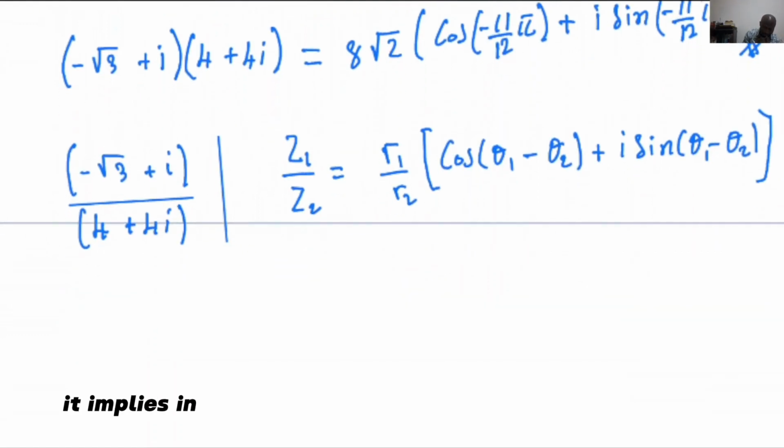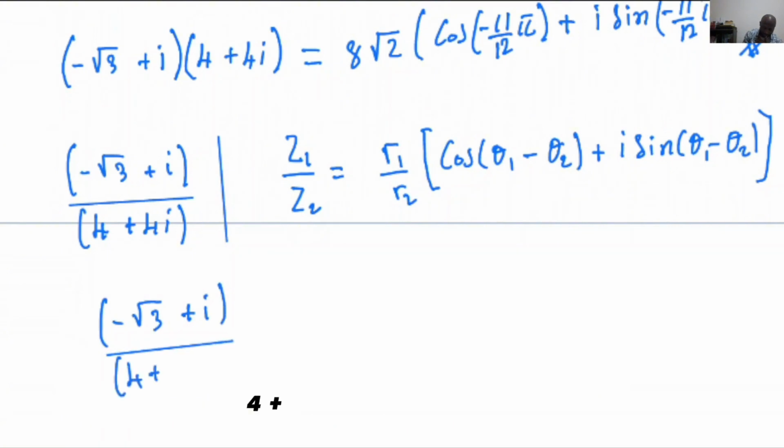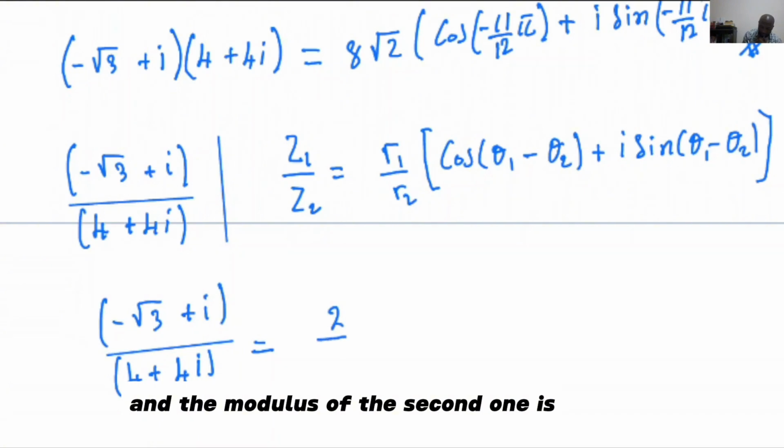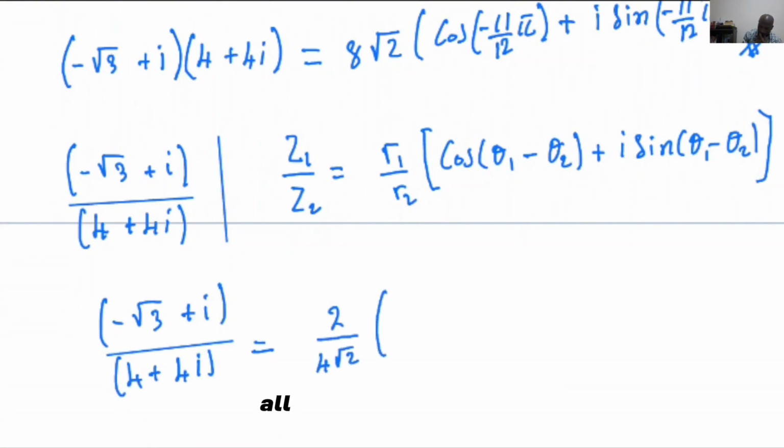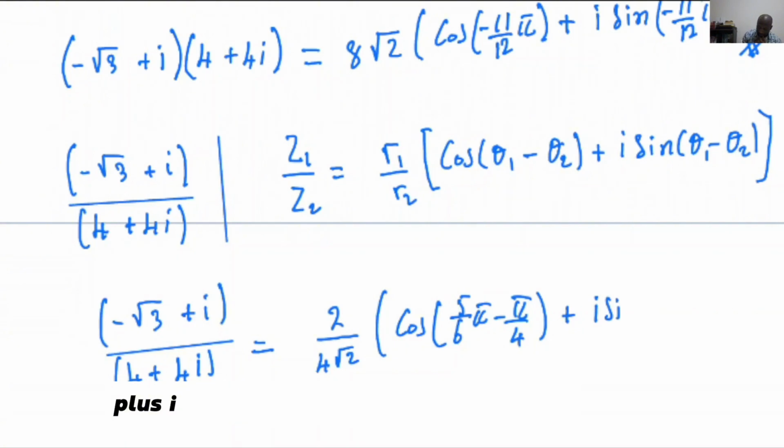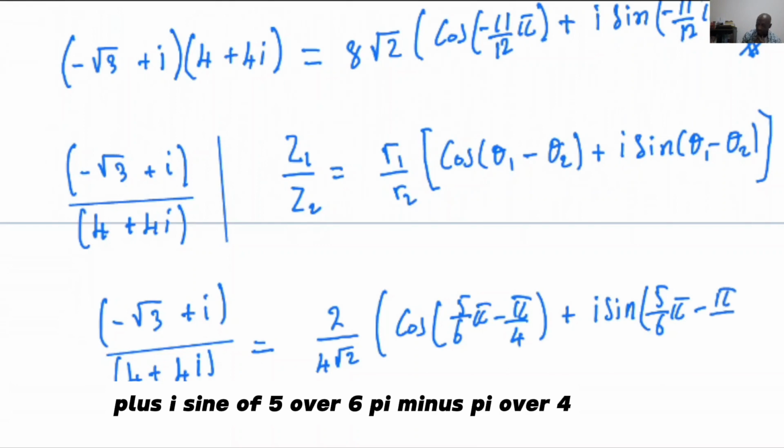It implies (negative square root of 3 plus i) over (4 plus 4i) is equal to, the modulus of the first one is 2, and the modulus of the second one is 4 root 2, all of this into cos of (5 over 6 pi minus pi over 4) plus i sine of (5 over 6 pi minus pi over 4).